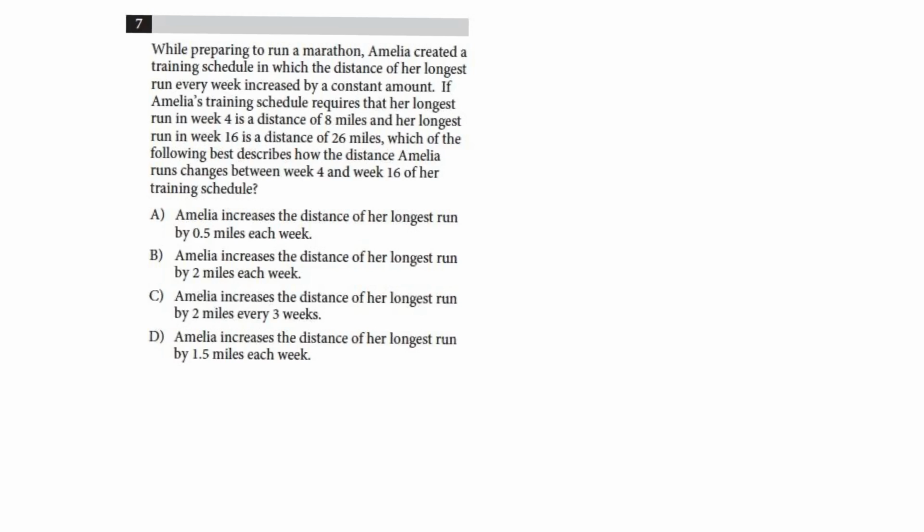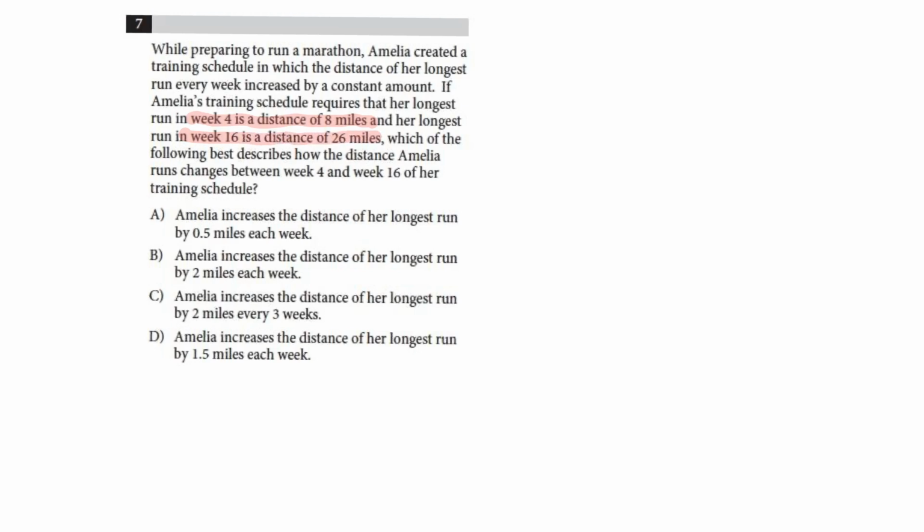And it looks like each one of these answers says that she's increasing by some amount. So let's figure out how much she has to increase her run by each week. We can look at this and we should see that week 4 is 8 miles, week 16 is 26 miles.